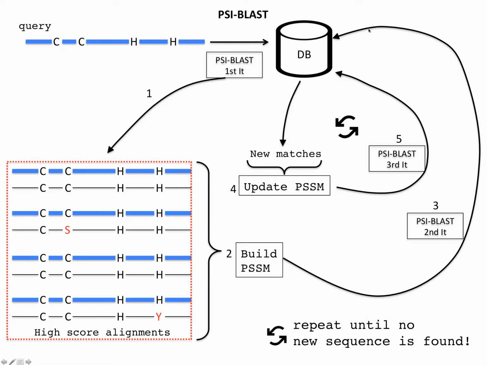After this second iteration, we obtain new matches in the database, and with these new matches, if they have a score greater than the threshold that we established, we update our position-specific scoring matrix and then run another BLAST search using the updated matrix and obtain new results.